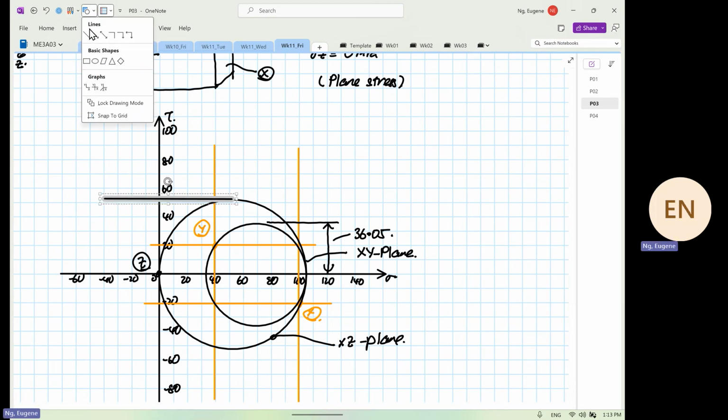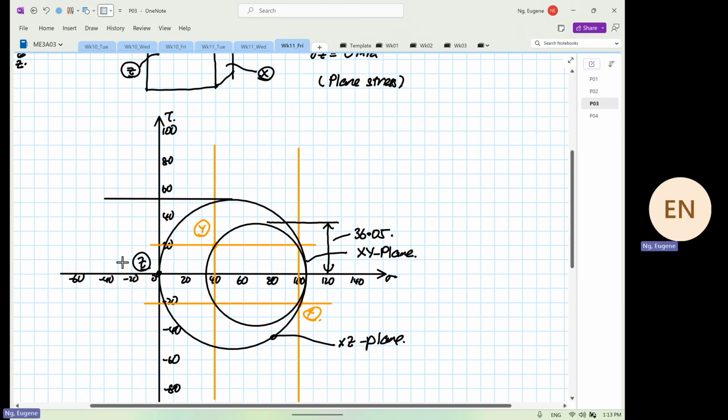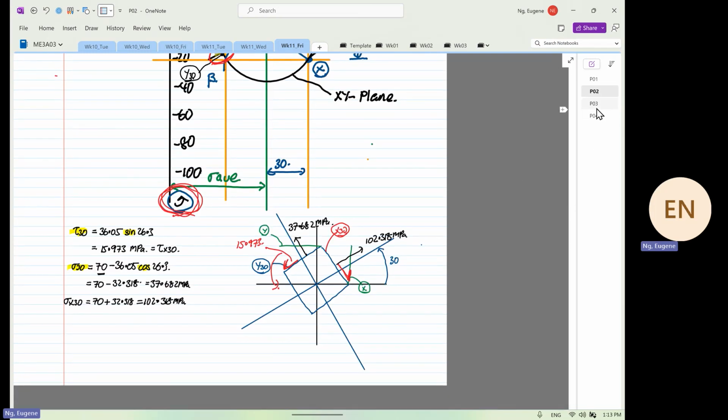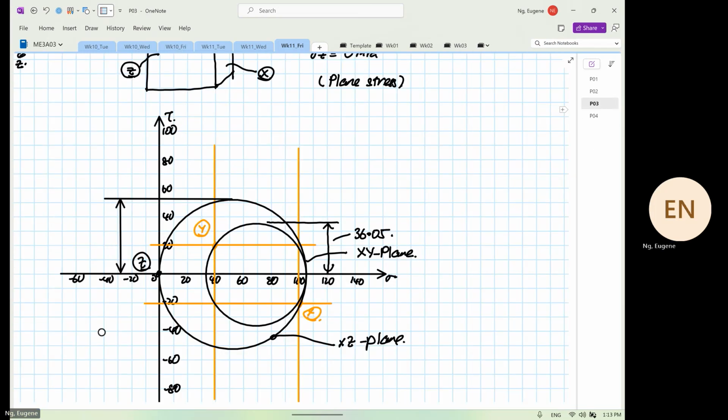Now this value, we can calculate that value. That value is equal to 102.318 divided by 2. Now the real tau max is equal to 102.318 divided by 2. 51 point what? 16 megapascal.